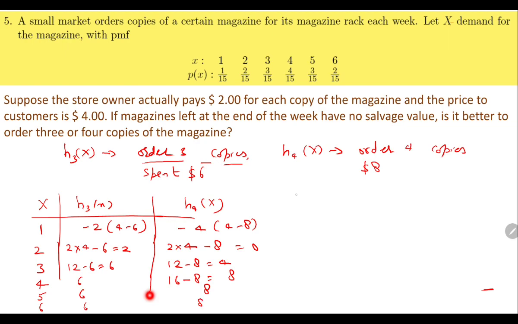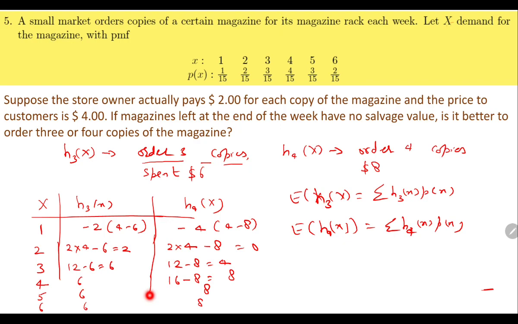Now you can compute expectation of h3(x) and expectation of h4(x), because the probabilities are already given. It is summation h3(x) p(x) and summation h4(x) p(x).